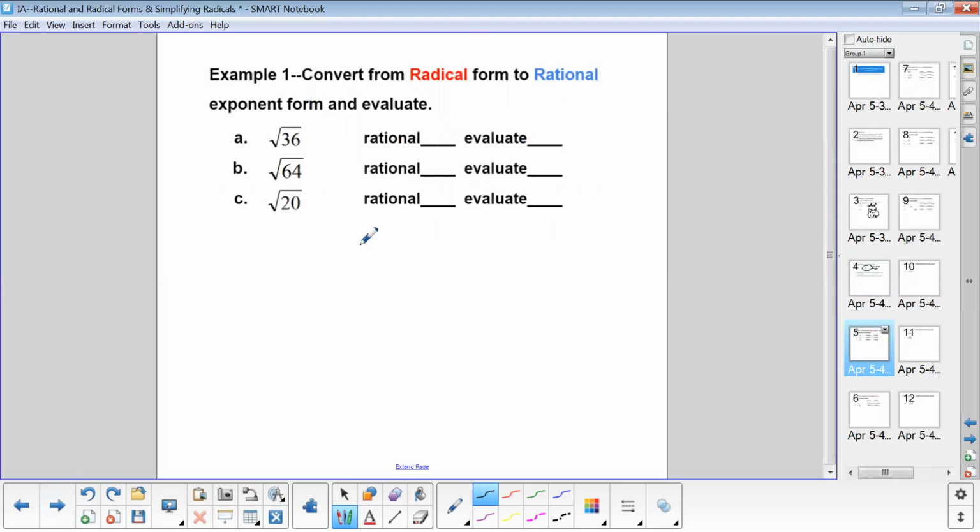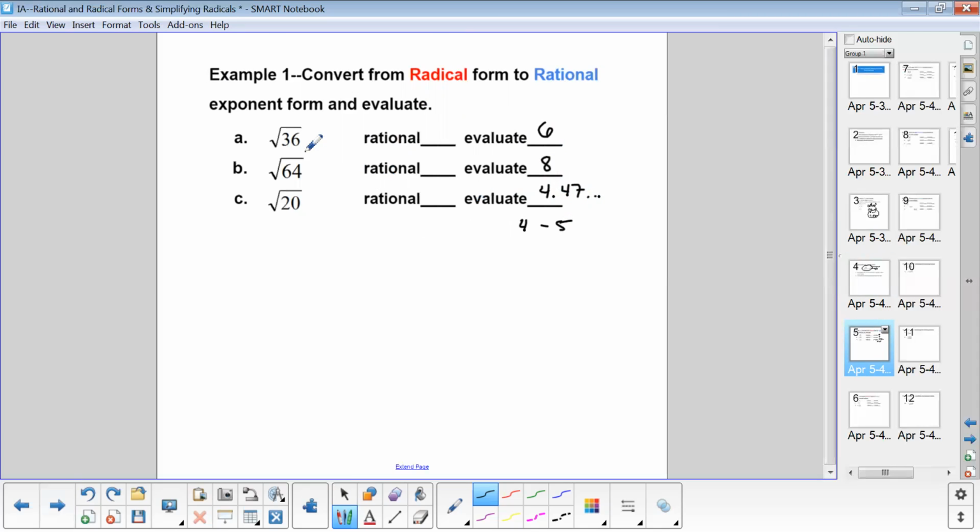So if we take these, I have the square root of 36, which we know we can evaluate to 6, and we know we can take the square root of 64 and evaluate that to 8. And the square root of 20 we know is going to be somewhere between 4 and 5, and should be 4.47 with a continuation with no pattern.